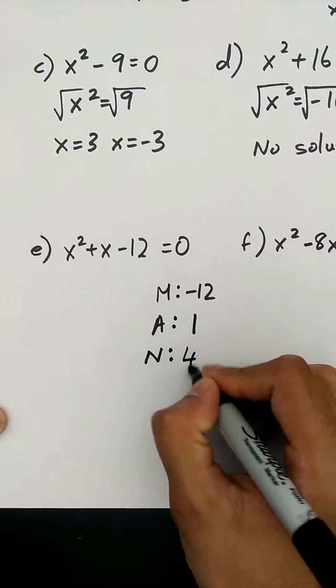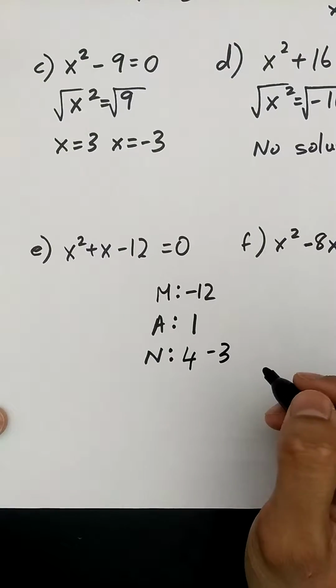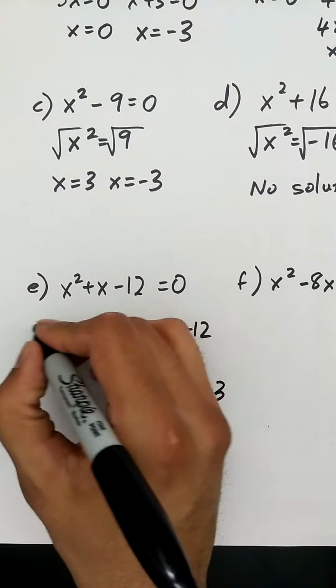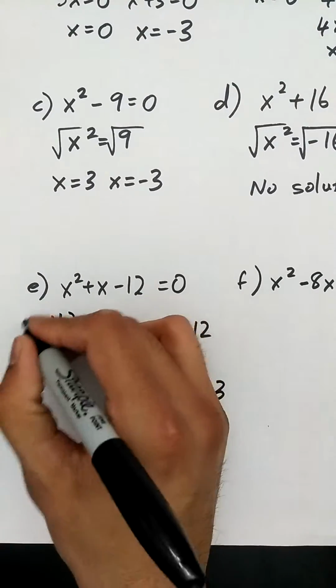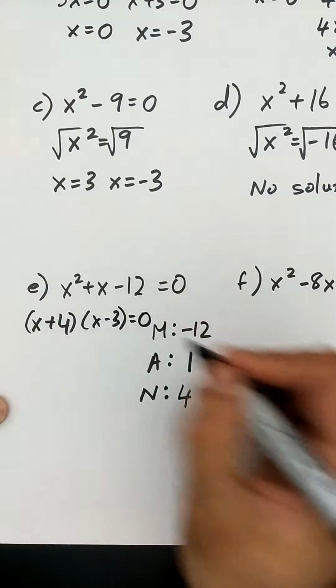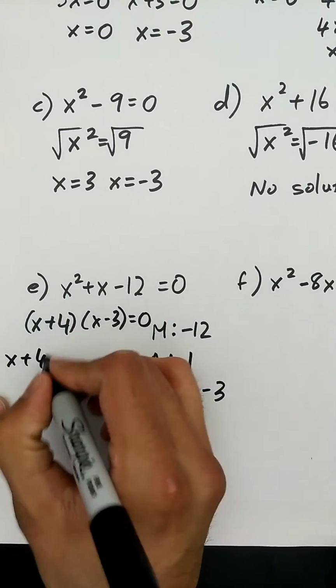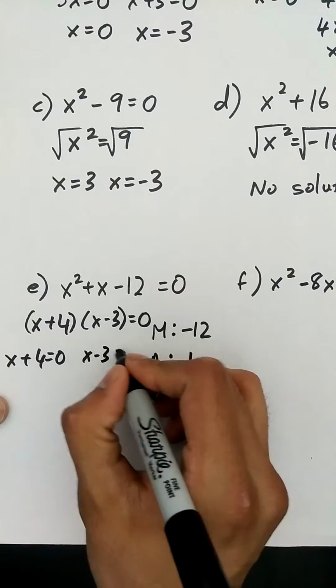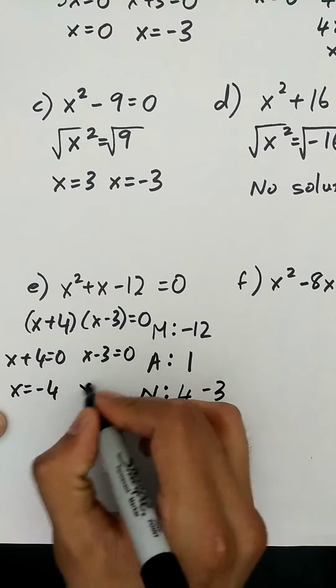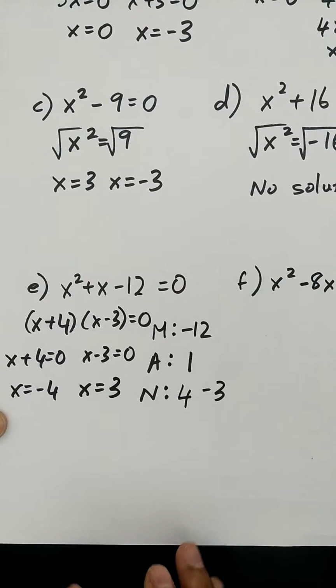So it will be 4 and -3. So I can use these two numbers to complete this equation now. So I have x plus 4, x minus 3 equals 0, x plus 4 equals 0, x minus 3 equals 0. So x equals -4 or x equals 3.